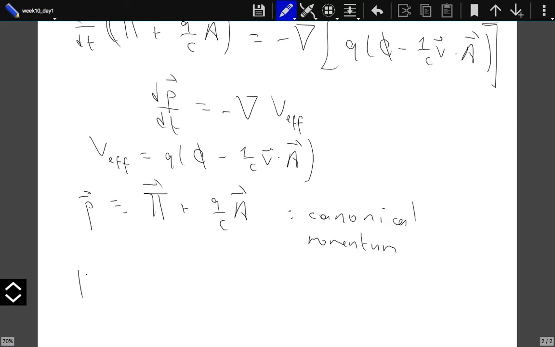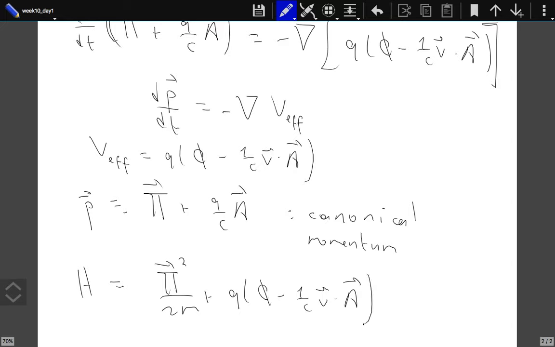Then the Hamiltonian of my system, I can write it as the kinetic energy, which is given by the kinetic momentum P squared over 2m, plus the potential energy, Q times phi minus 1 over C V dot A. No, sorry, I don't have that term.